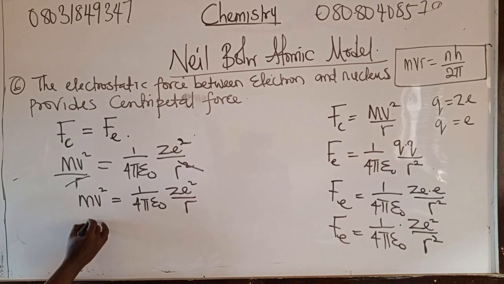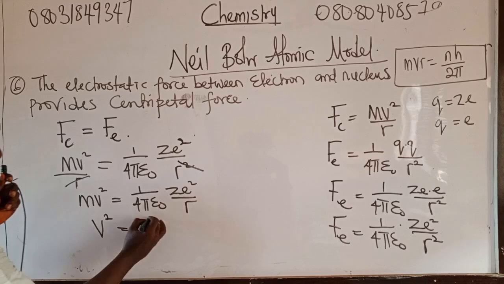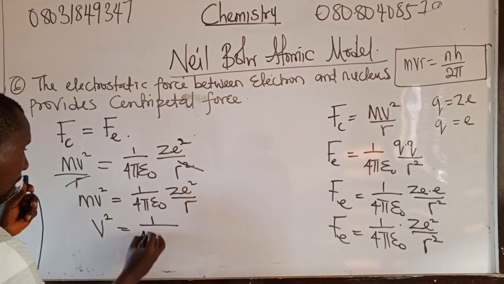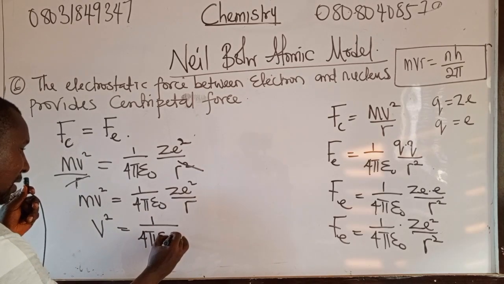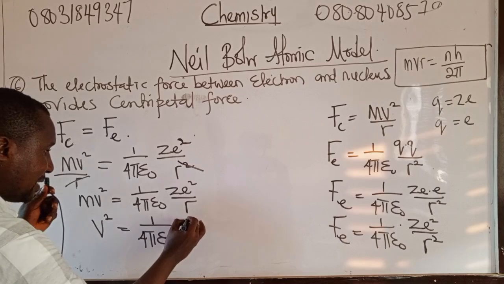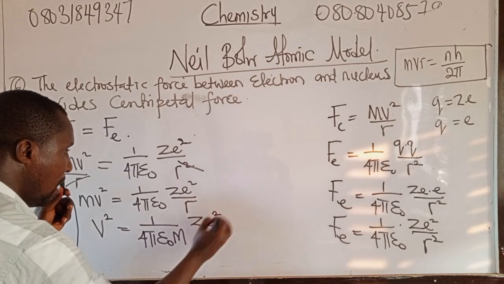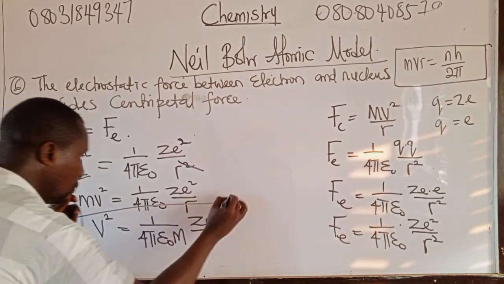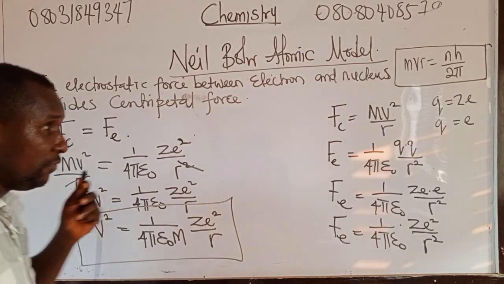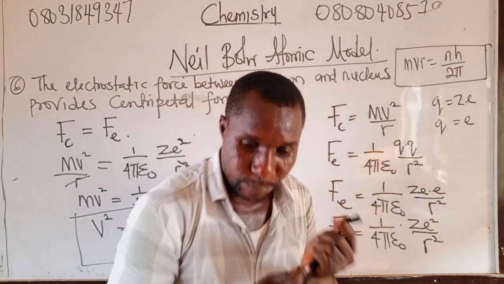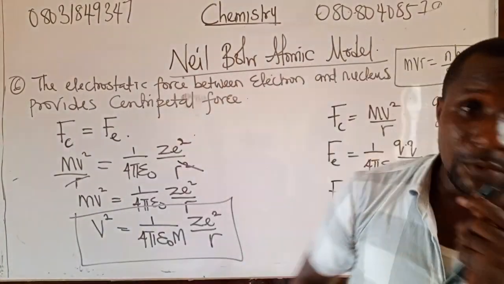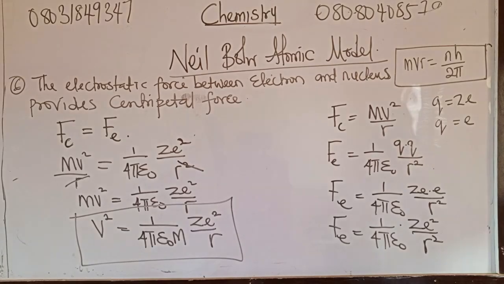We have v squared equal to 1 over 4 pi epsilon naught times mass, times Ze squared over r. Take note of this formula. You can pause the video and write it down because I will play with that formula also.